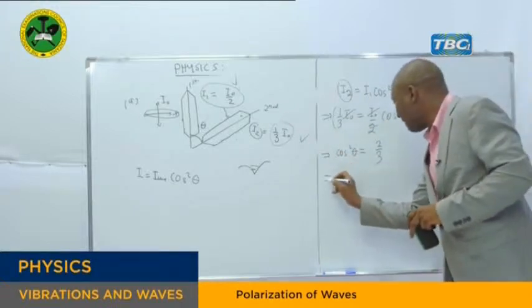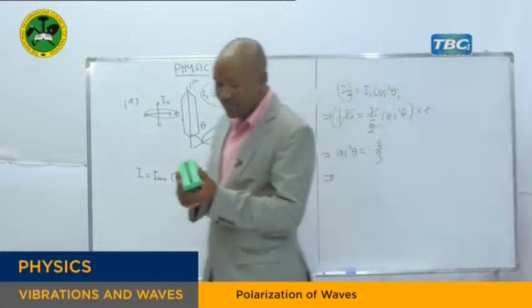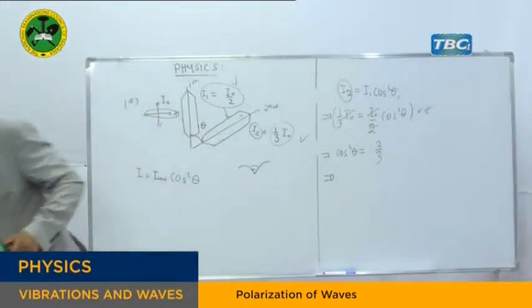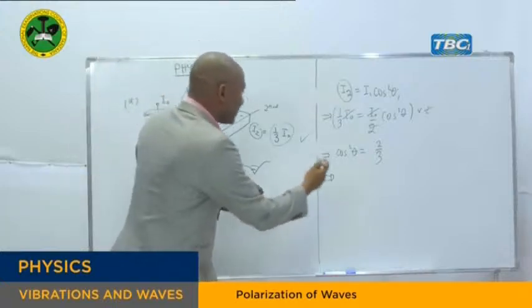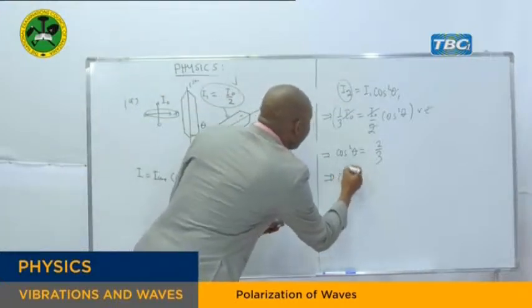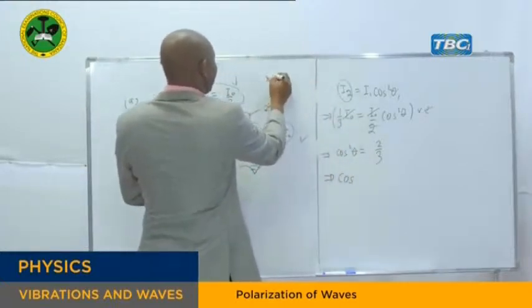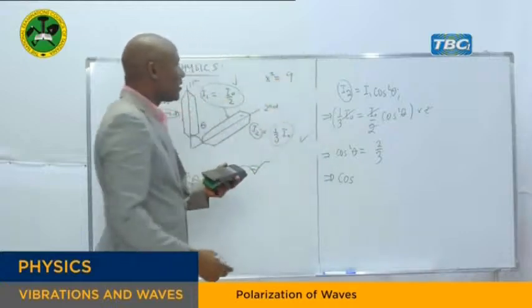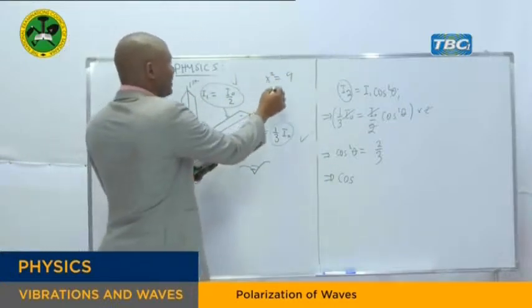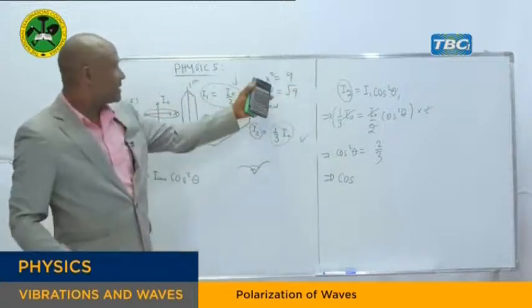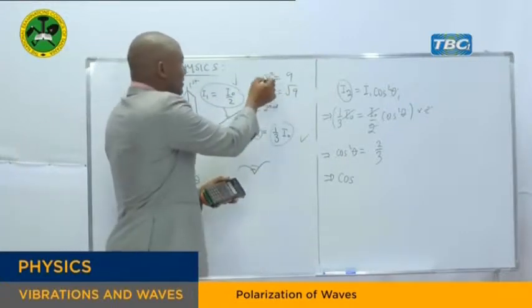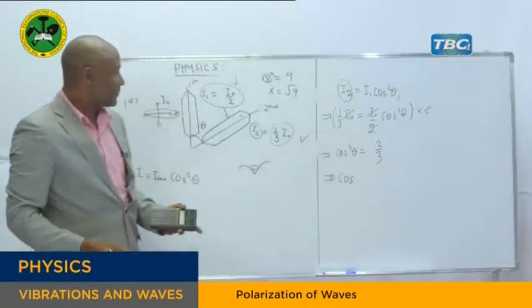So to find the angle, first you should find the cosine of that angle. When you have x squared equals 9, how do you find x? x is taken as the square root of 9. So to get x here, it looks like cos.